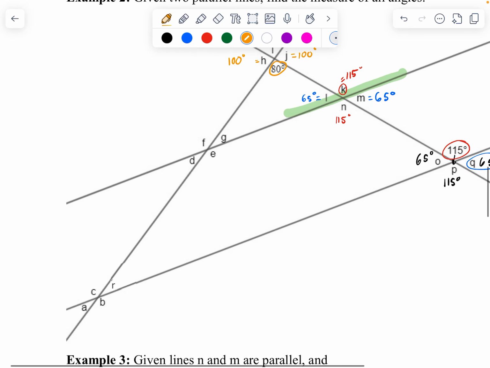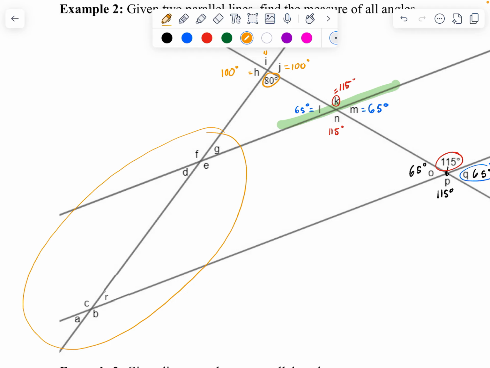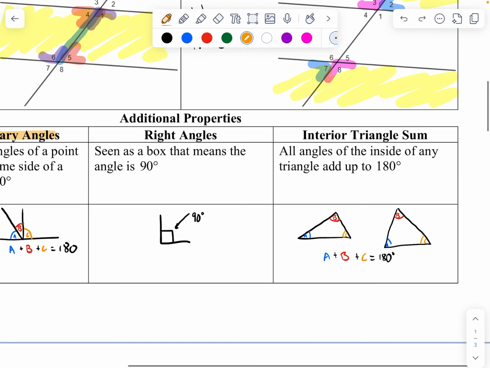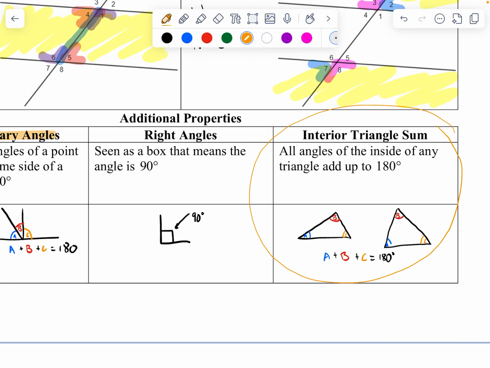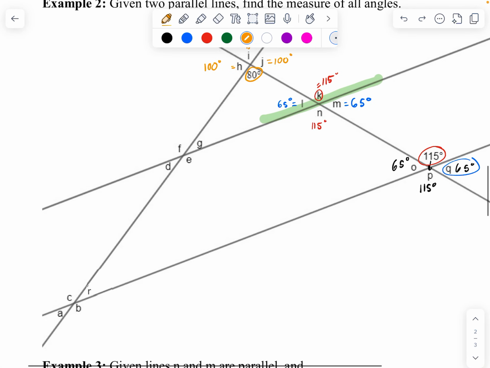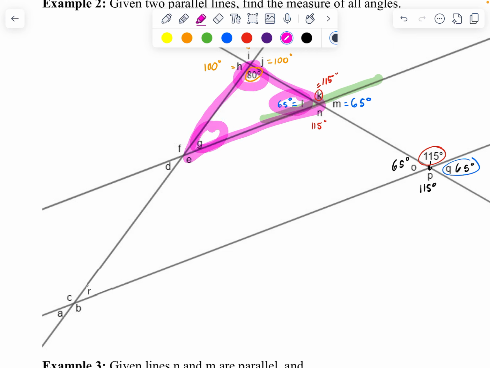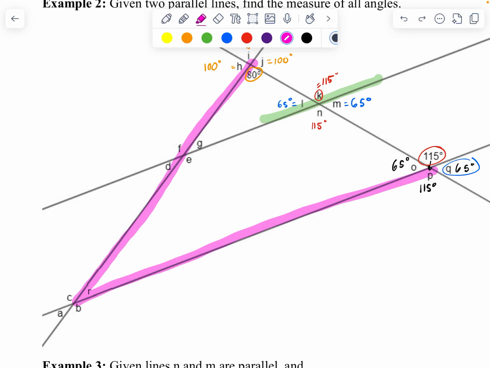All right, so then the question is, how do I find these? There's a couple ways we can do it. In my opinion, what's going to be the easiest is an interior triangle sum. Because you notice we have a couple of triangles. We have an overall triangle right here. We know that all interior angles add up to 180 degrees. Or you can go even bigger and you can say this whole triangle should also add up to 180, 65, 80, and angle R. Whichever triangle you want to use, it's going to work.